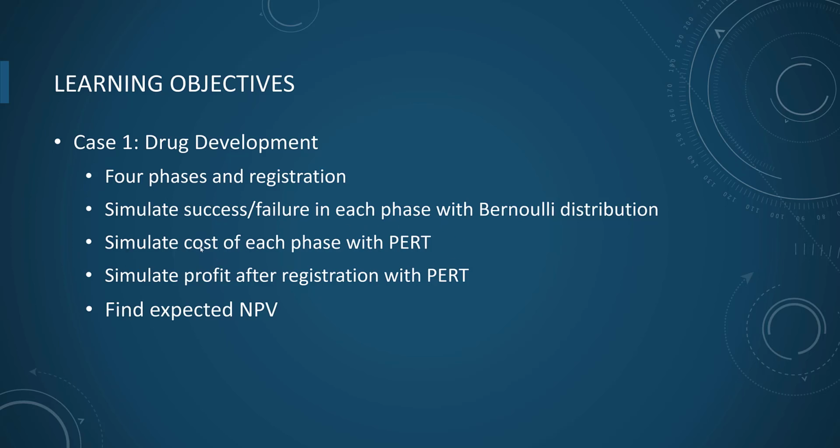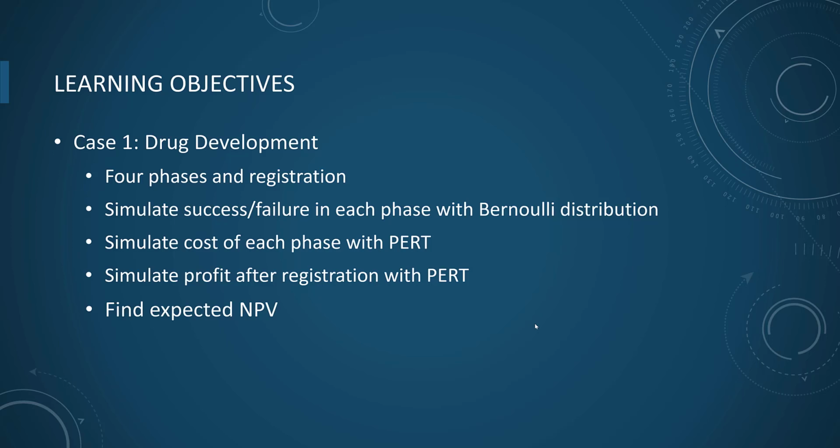And then once you reach the final stage of registration, after registration, okay, the net present value of all the profits that you'll make from that drug. And again, we're going to be simulating that, and the time in each of those phases will also be simulated, and then we will compute a net present value of all the different costs in different phases.